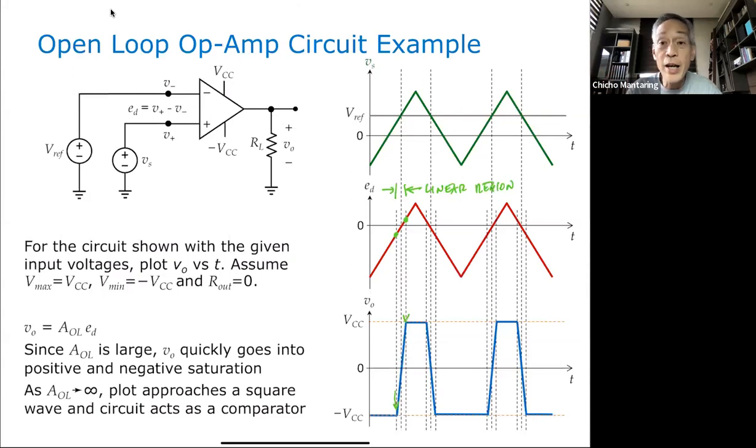This circuit is actually a comparator. I have a reference voltage. When my input signal is less than my reference voltage, my output is negative. When my input signal is greater than my reference voltage, my output is positive. So that's how my comparator behaves.